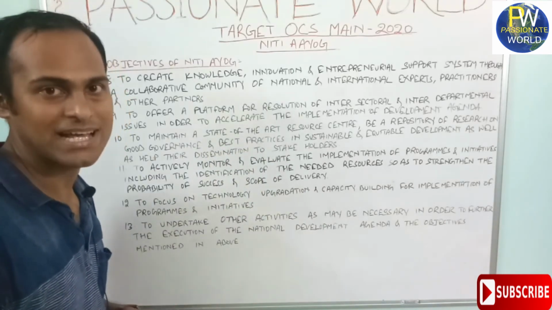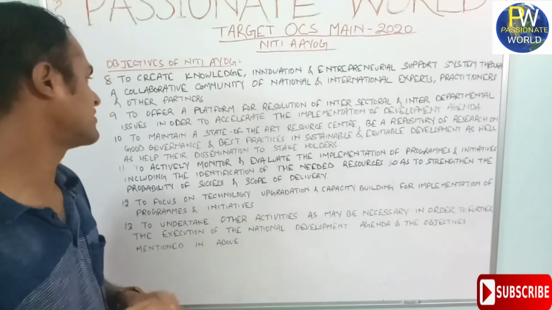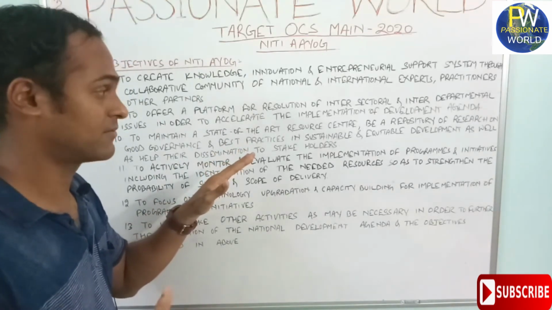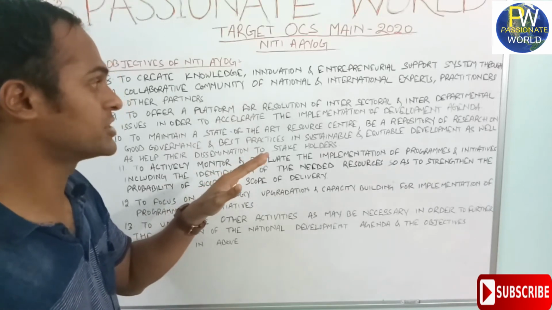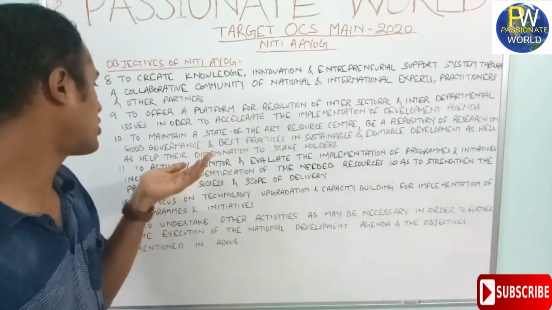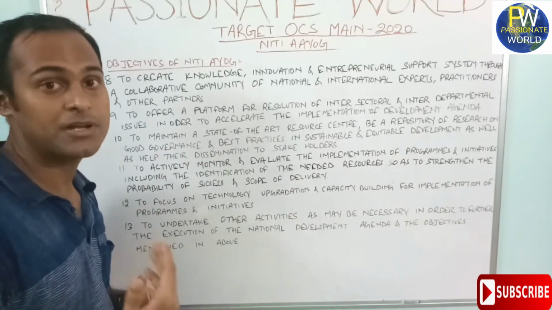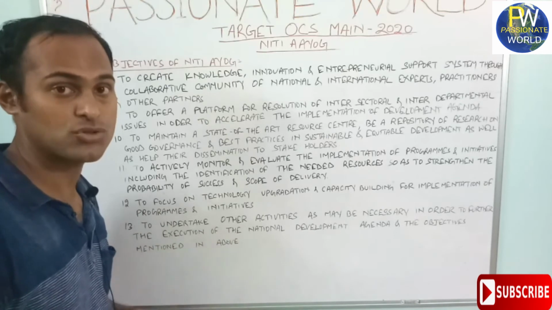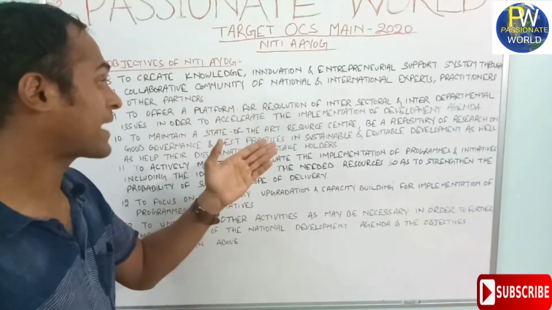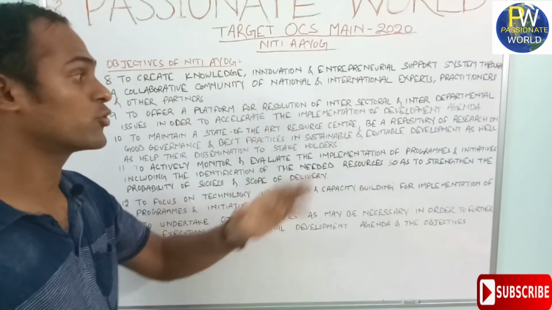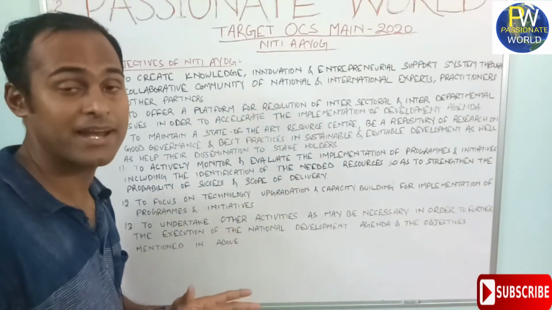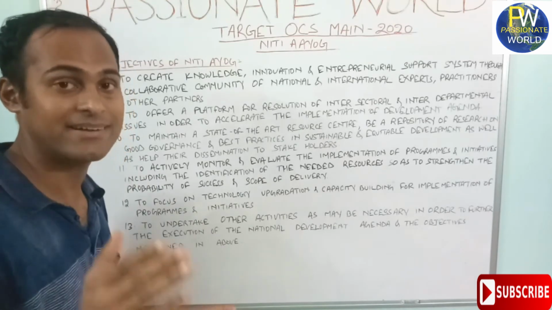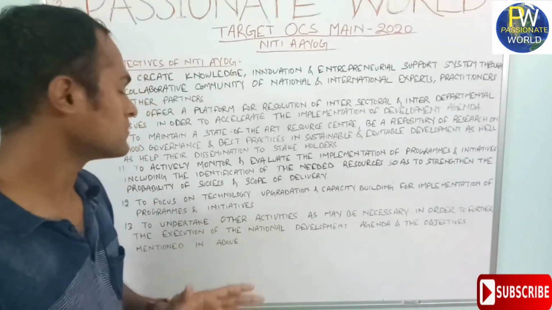Another very important aspect of socio-economic change, bringing new technology. Be a repository of research on good governance, the models through which good governance can be fostered at the grassroots level, and the best practices in sustainable and equitable development. Sustainable and equitable development are the main objectives of the center as well as the state governments.